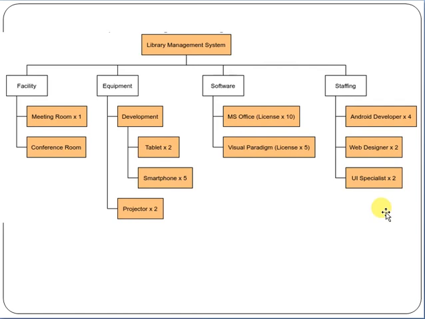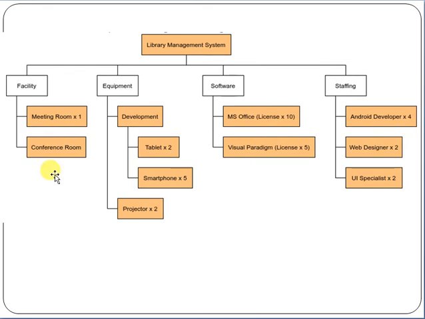So see, friends, the concept of resource breakdown structure: one main component is the library management system. Then we break it down further into facility, equipment, software and staffing, and then we further divide it like that.